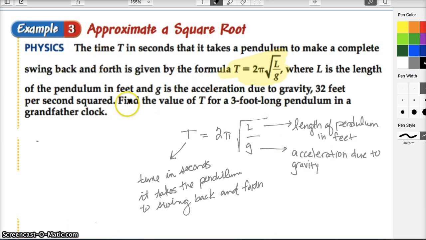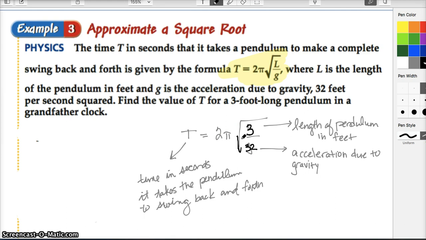So what I have is, find the value of T. That's what we want to do. For a 3-foot long pendulum, where did they give me length? Length of the pendulum. So I'm going to put a 3 right in here. And we need to figure out what the acceleration due to gravity is, and that's 32 feet per second squared. That's like a constant. So I put that there.